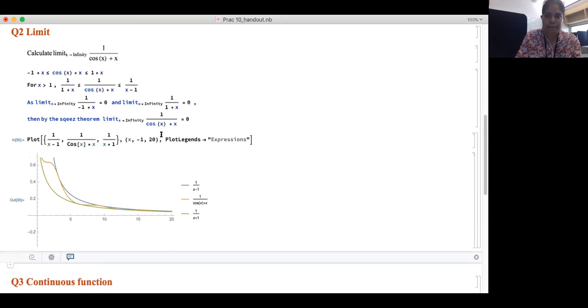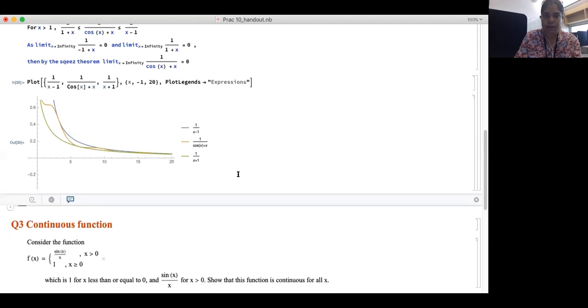I wrote it as x bigger than 1 because you could multiply by a positive number.